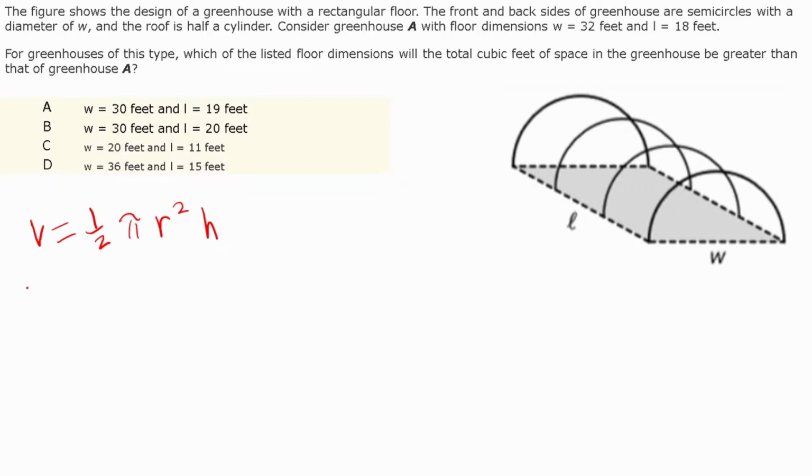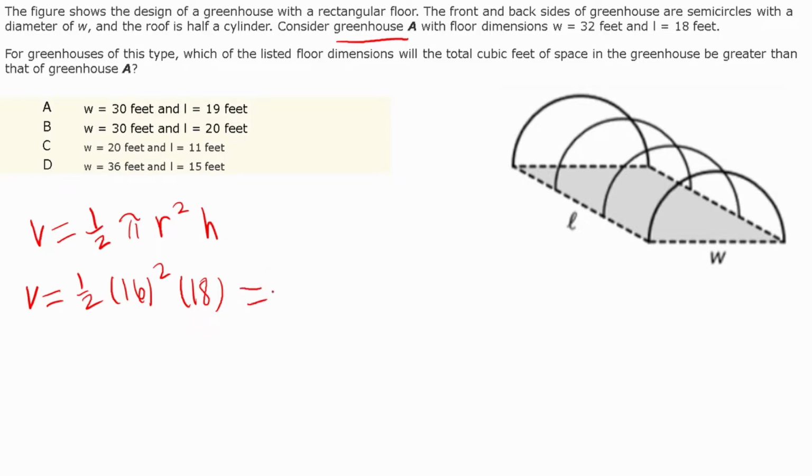So when we do that, for my first one, I'm going to get 1/2, and that's using these two up here, right? This is going to be the one that we want it to be bigger than. This is going to be A, or greenhouse A. We're going to say it is half of 32, which is 16 squared, times 18.